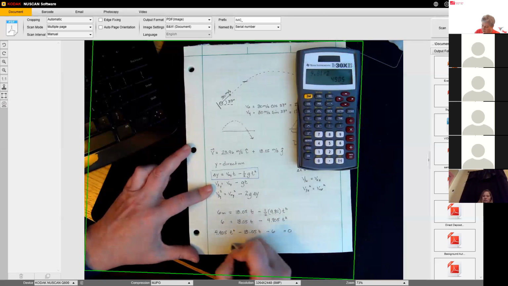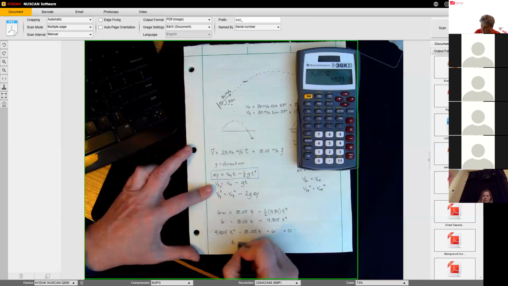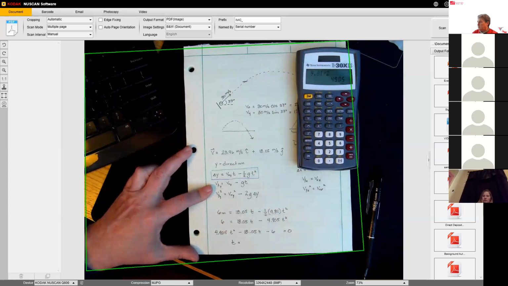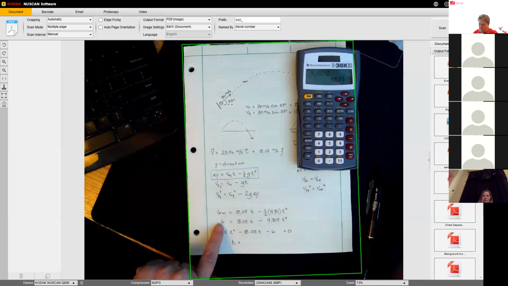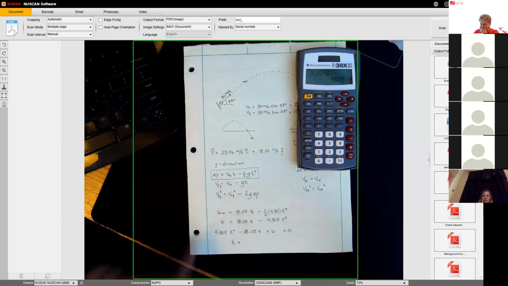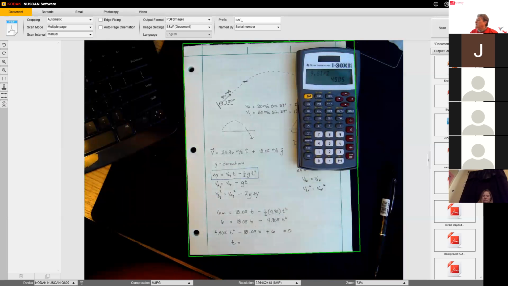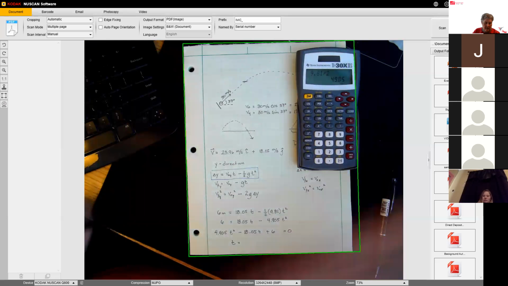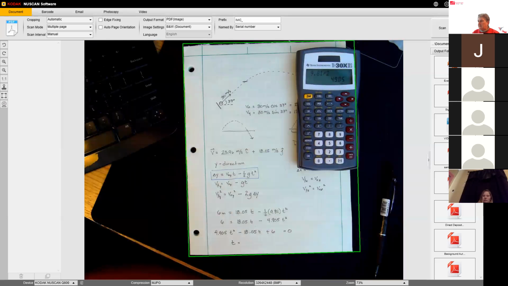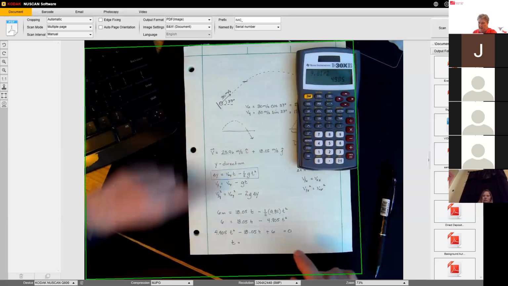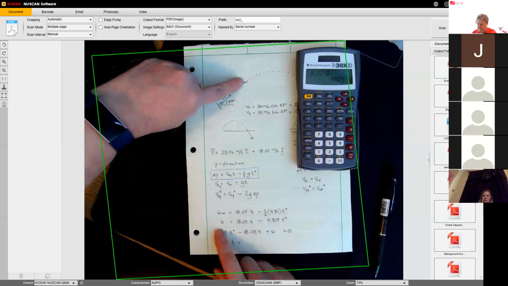So now I'm going to solve for t, and I'm going to use the quadratic. Plus 6? Yep, you're right. Hang on just a second. Why would that be +6? Why wouldn't it be -6? Because I'm at a height of 6, right?